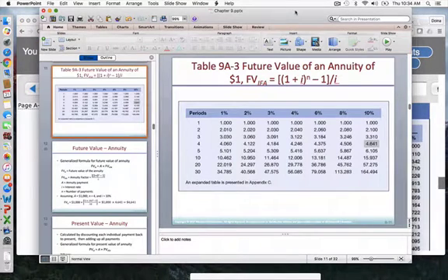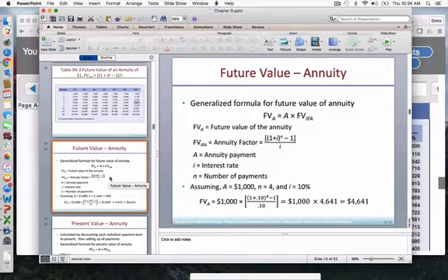And the book example here is future value of annuity of 1,000, number of years considered is 4, and the interest rate is 10%. You can use these calculations with a scientific calculator, but if you prefer to use the appendixes, they already did this calculation inside the bracket for you.